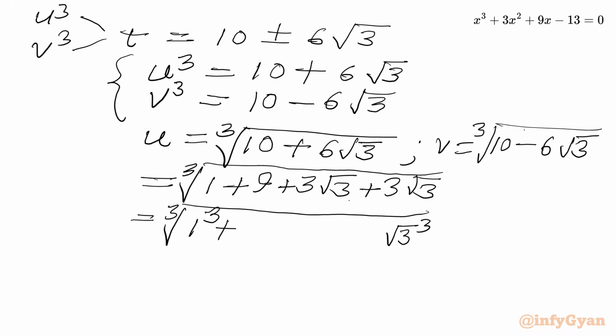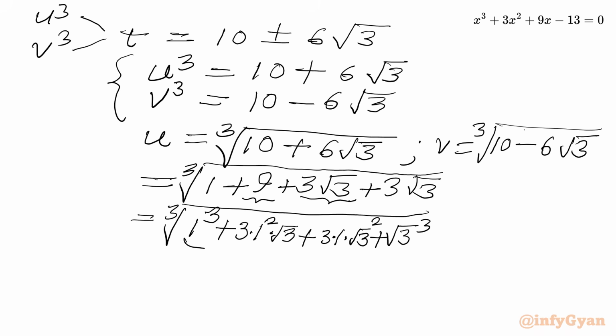Now we can find 3a square b plus 3ab square. So I will write this 3 root 3 first. I will write 3 times 1 square times root 3, plus we have 9 only, which we will write as 3 times 1 times root 3 square. Root 3 square is 3, and 3 times 3 is 9.